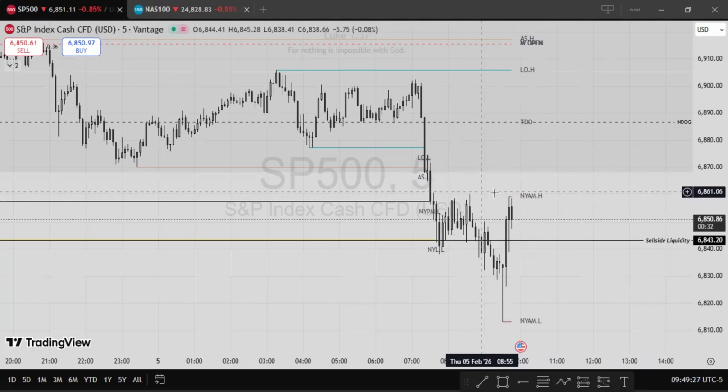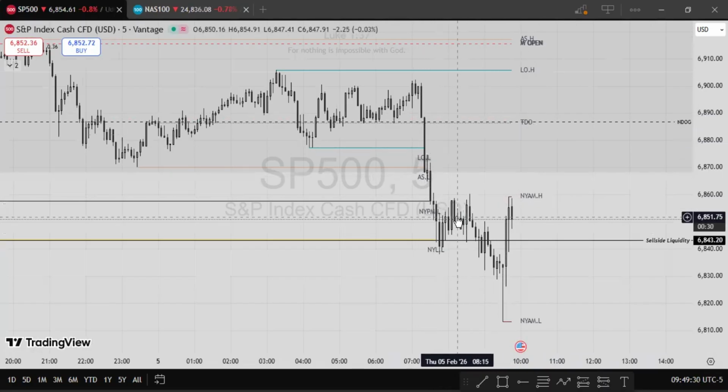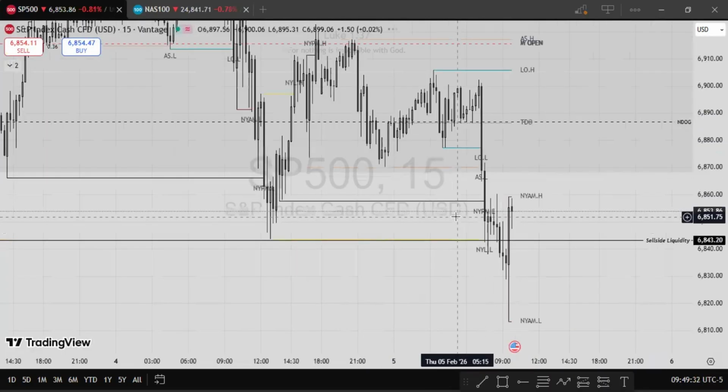Okay, this is still generating liquidity above here. We haven't filled any of those gaps.